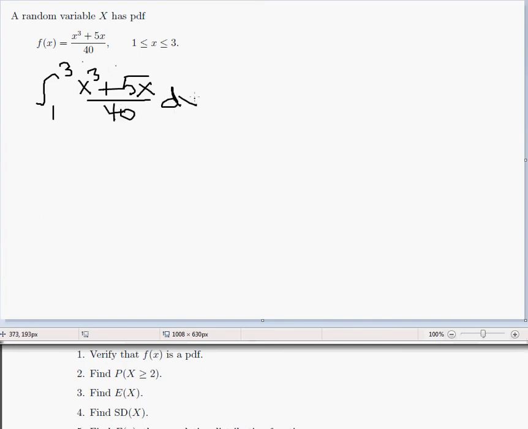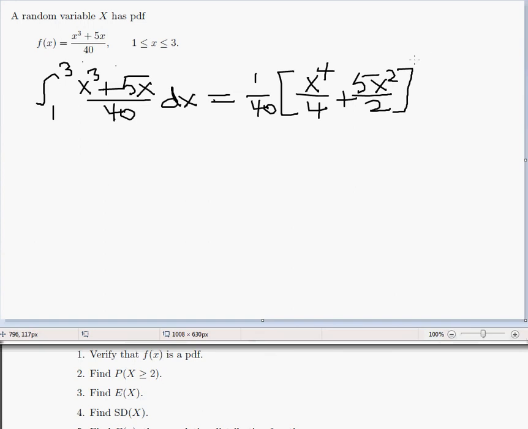So we integrate this. We get 1 over 40 times x to the fourth over 4 plus 5x squared over 2, evaluated from 1 to 3.